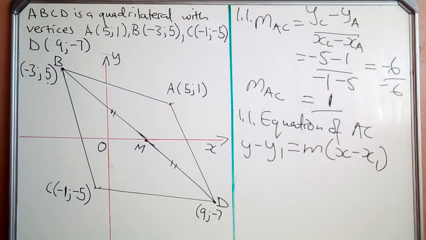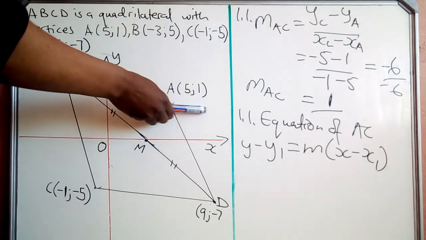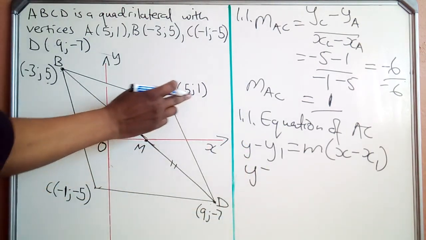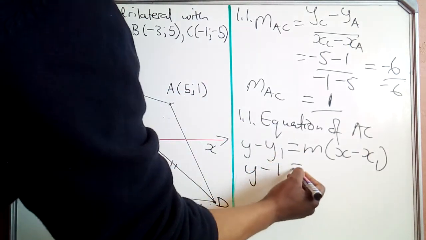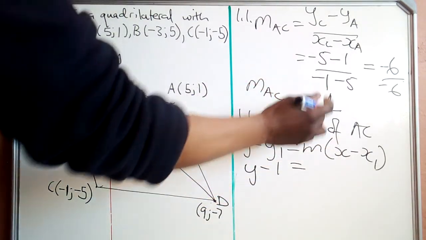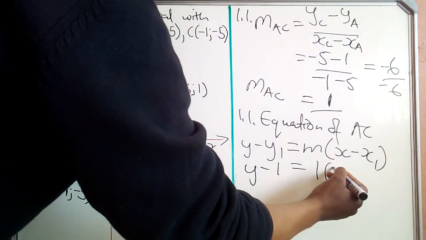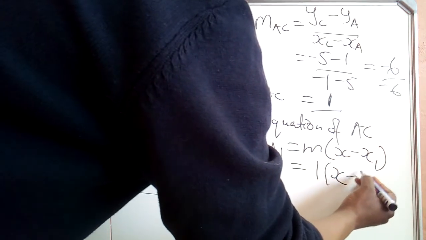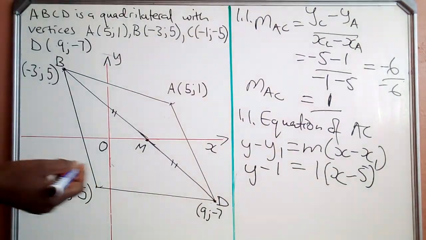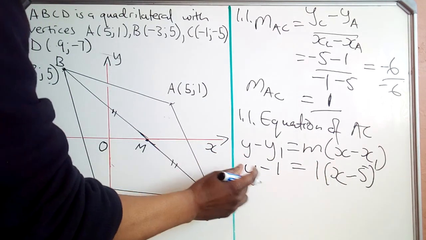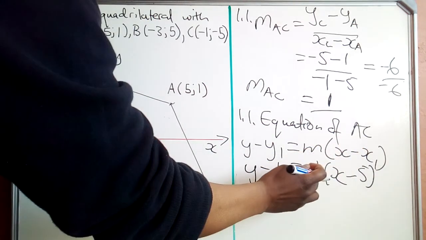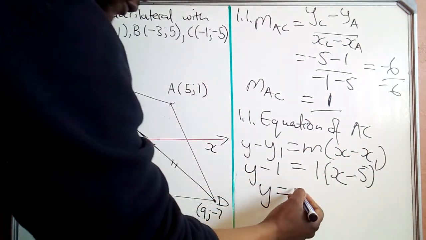Now choose any point that you will use. We can choose the point A. So y minus y1, we know that y1 is 1, is equal to m, our gradient, which we already found to be 1, and then x minus x1, where x1 is 5, close bracket. So for y, you'll have y is equal to x, since x times 1 will give you x.